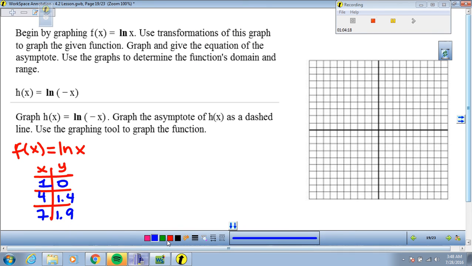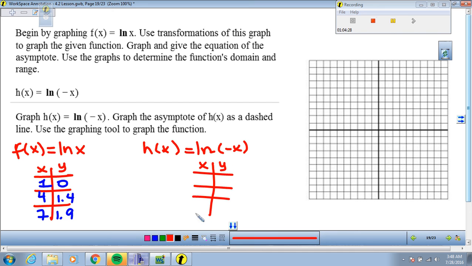So now when you do the transformation, what's really going to change when you have a negative x? You're going to be doing a reflection across the y-axis.